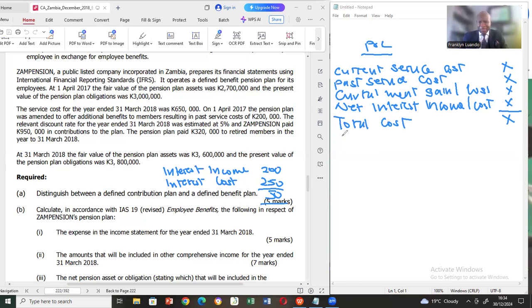And then we have other comprehensive income. Other comprehensive income will be under net remeasurement gain or loss.